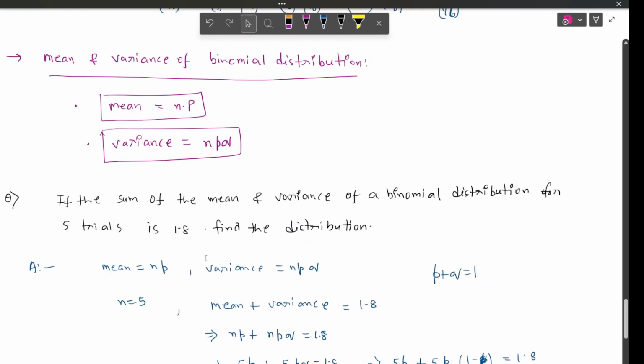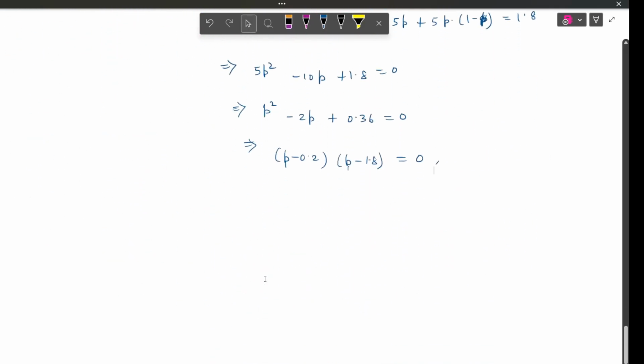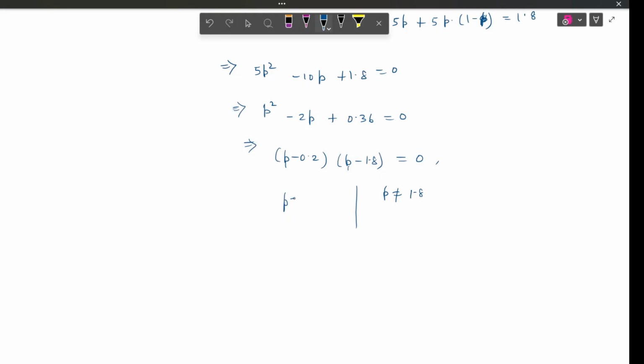Mean plus variance sum is 1.8, so p cannot be 1.8, so p is 0.2. So thus we have n equals 5, p is 0.2, and q is 0.8.